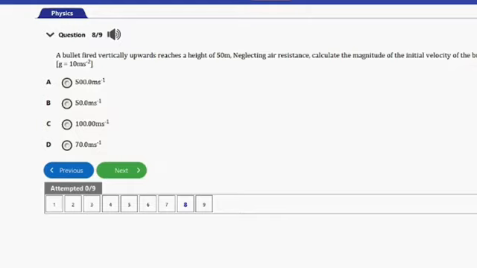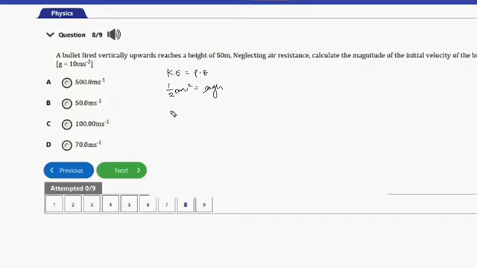So if we take that the kinetic energy here is converted to potential energy, we equate the kinetic energy, half mv squared, to the potential energy, which is mgh. We solve for the velocity by, first of all, eliminating the mass, which is common between the two.